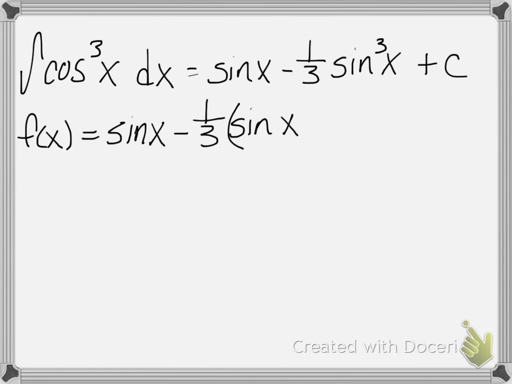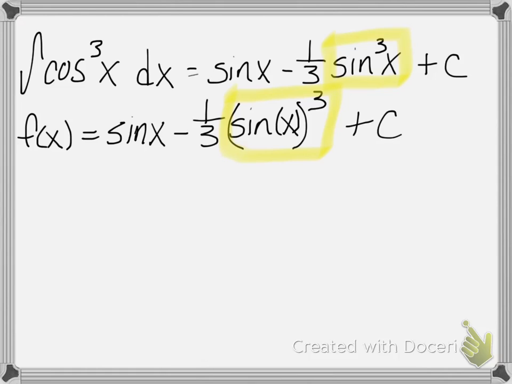And if you wanted to, just to help you keep things straight in your head, you can write sine cubed of x like this as well. They're the same thing. Just this way it might make it a little bit more clear in your head to use the power rule. And that is still going to be plus a constant.